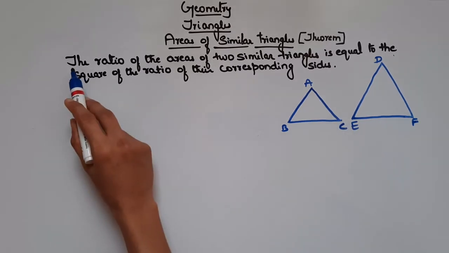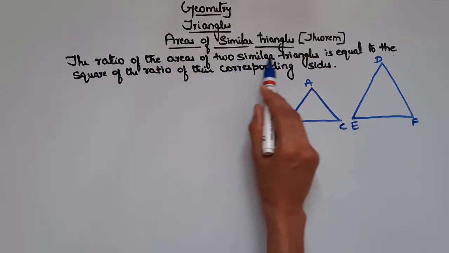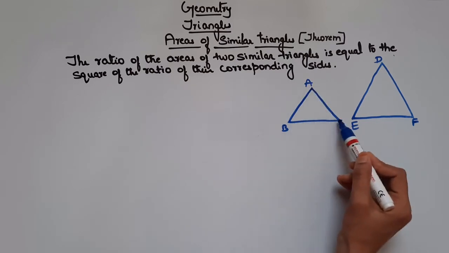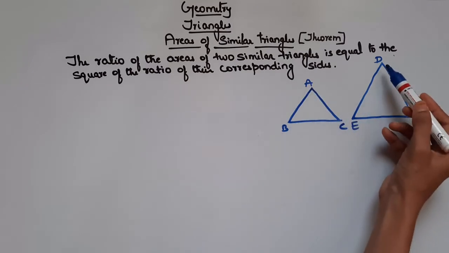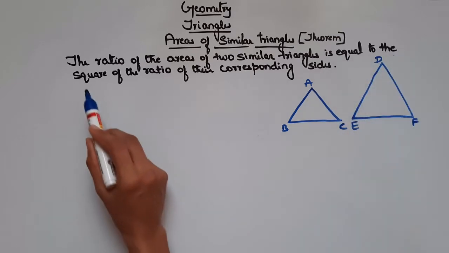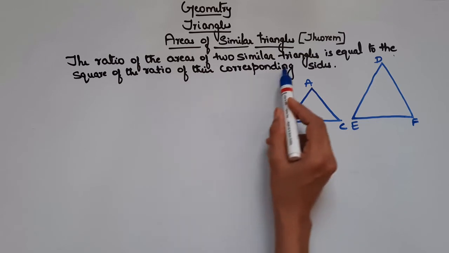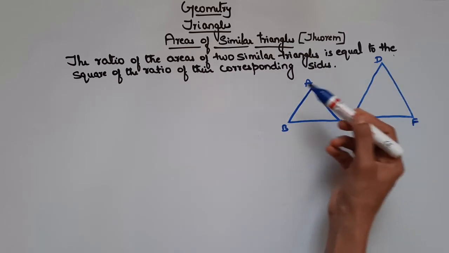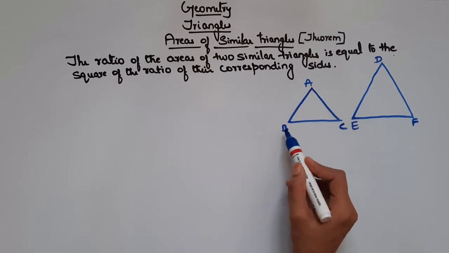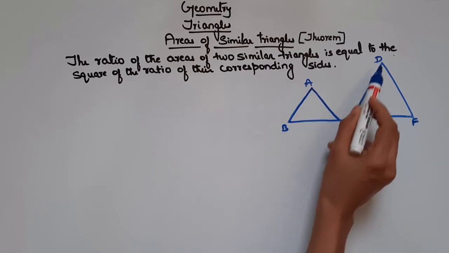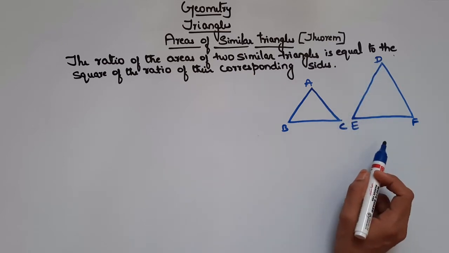It says the ratio of the areas of 2 similar triangles, that is area of triangle ABC by area of triangle DEF, is equal to the square of the ratio of their corresponding sides. That means AB by DE the whole square is equal to BC by EF the whole square, which is equal to AC by DF the whole square.